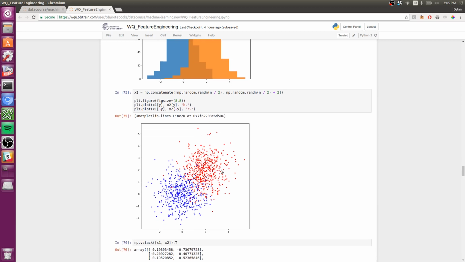Now, the reason that adding the size of the leaves as a feature in this case helps us is because not only are the red plants taller, they're further to the right for the height of the plant, but also the leaves are bigger. So the centers of these two clusters are not only separated by the height of the plant, but also by the size of their leaves.